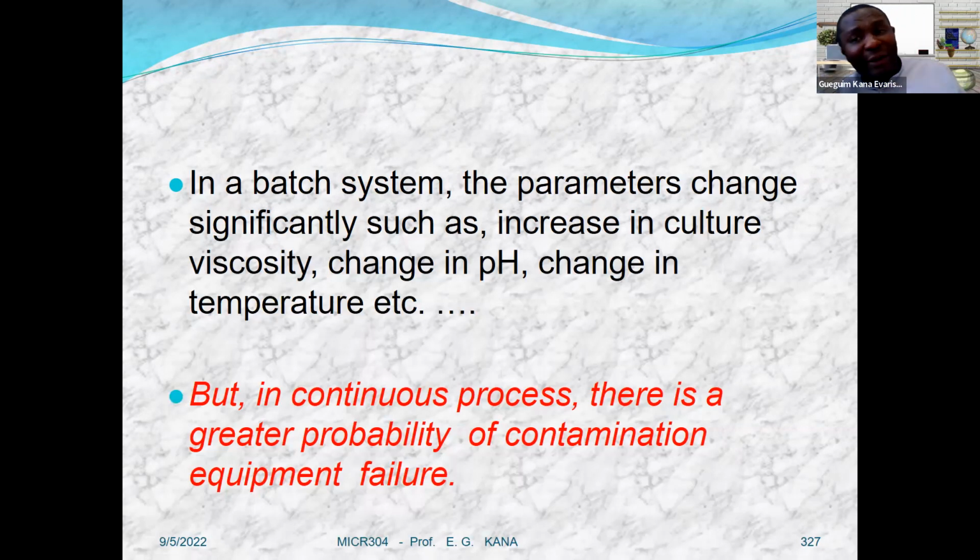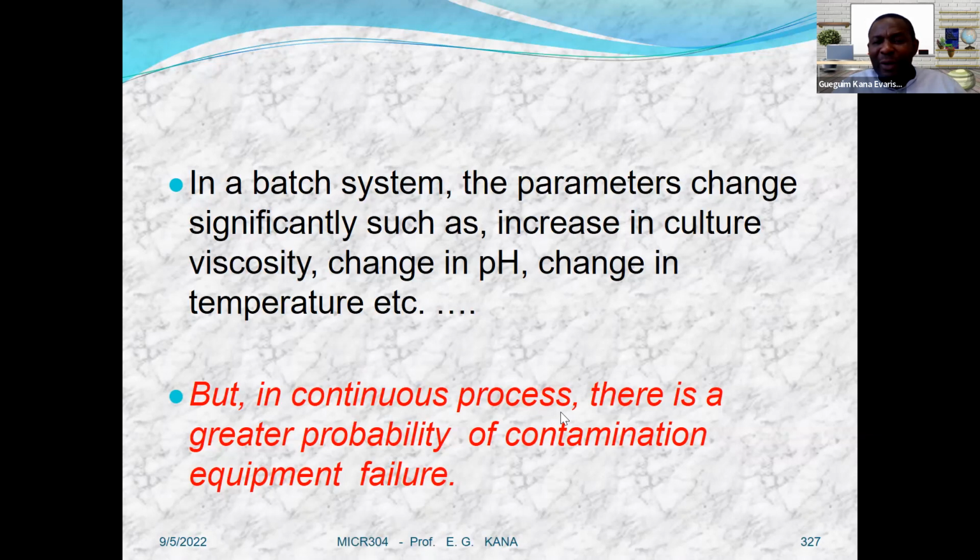Now, having narrated all those positive aspects of the continuous system, you will expect that it will be the widely preferred choice of the industry. But in real practice, there are some challenges associated with continuous systems, which are contamination and equipment failure.